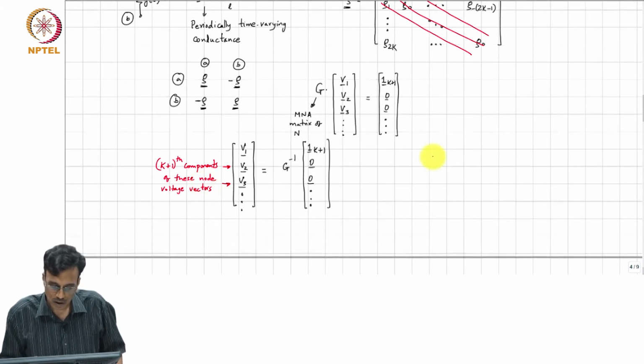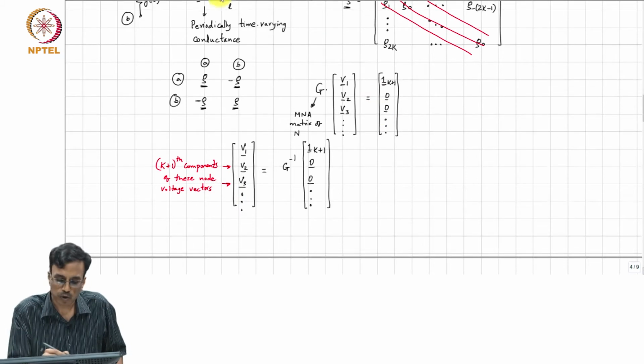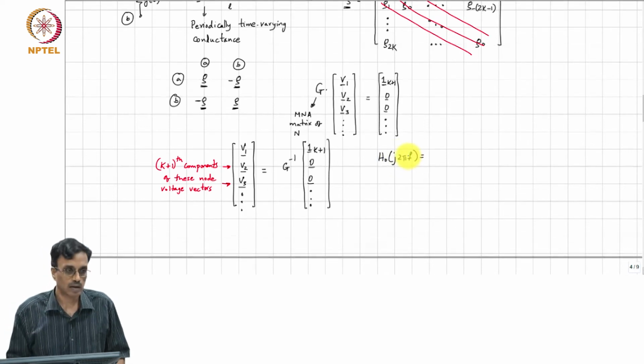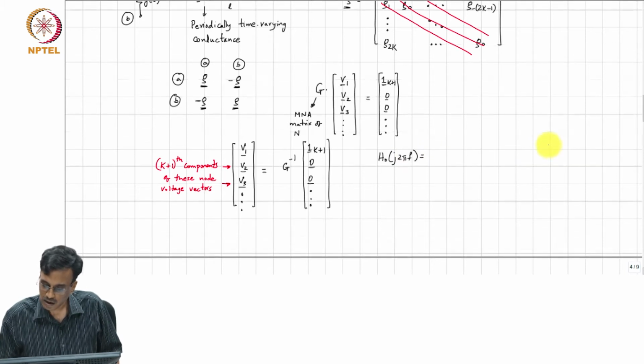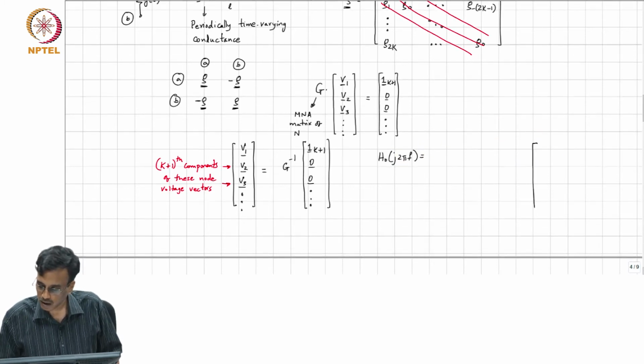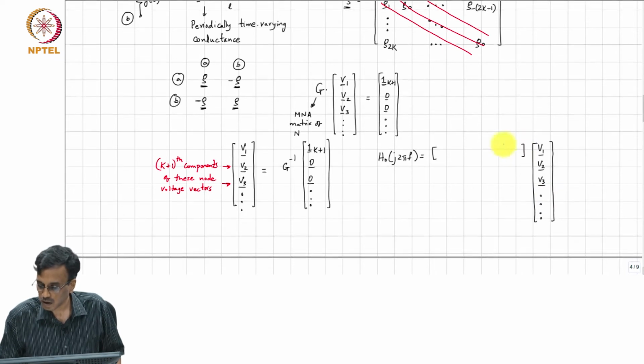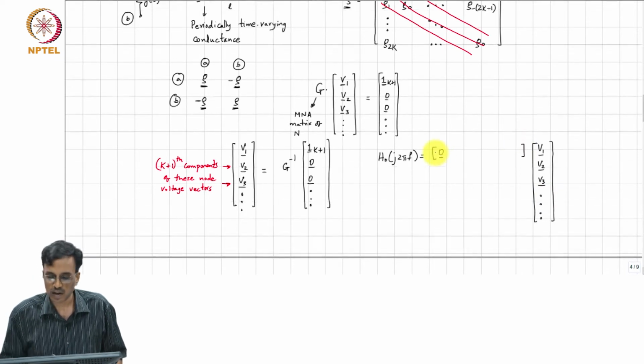So, what do we do? Our output, H 0 of j 2 pi f, is nothing but, we should take V 1, V 2, V 3 and so on, and multiply it with a vector 0.